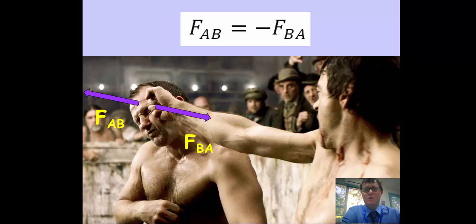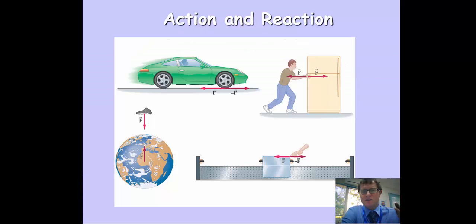Now, these equal and opposite forces have certain requirements. They must be the same type of force acting on the other object. I think the easiest one to understand here is the space shuttle traveling around planet Earth.